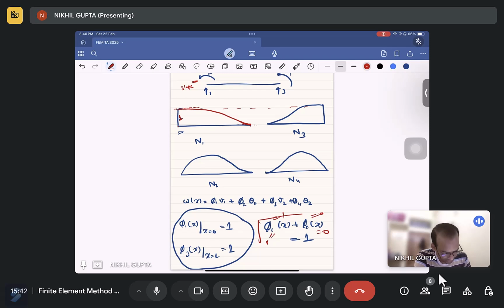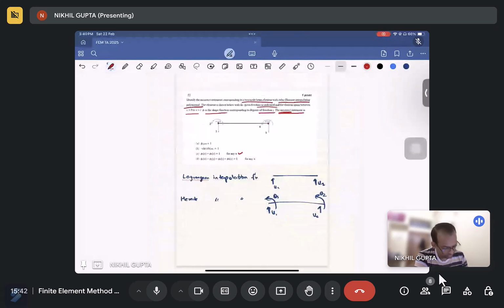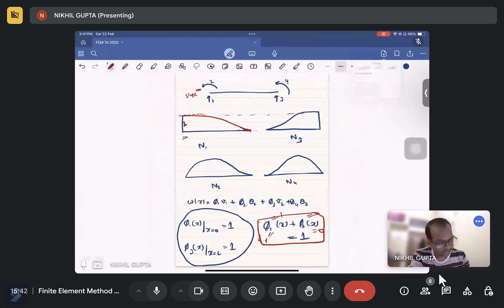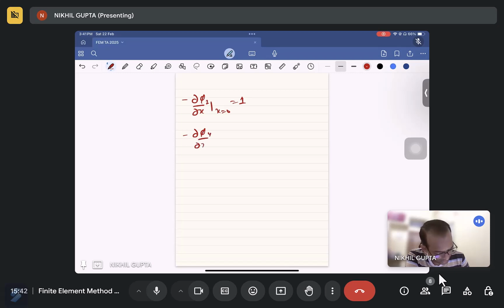So this is okay. We have to find the incorrect one. Now let's focus on the slope one. So we see del phi 2 by del x at x equal to 0 is equal to 1, and minus del phi 4 by del x at x equal to L is equal to 1.